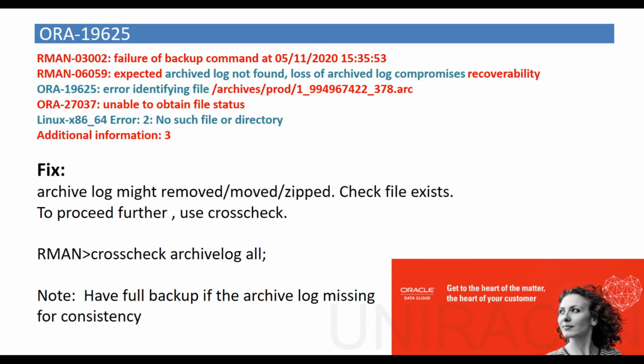There is no use of those backups we previously have. So better to have a full level 0 backup, so that tomorrow if something fails or the system crashes, consistent recovery can be done.